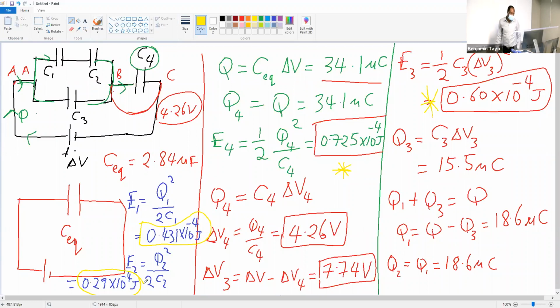E3 is 0.6 times 10 to the negative 4. And E4 is 0.725 times 10 to the negative 4. If you add all of that up, E1 plus E2 plus E3 plus E4, this is what you should get. You should get 2.04 times 10 to the negative 4 joules.